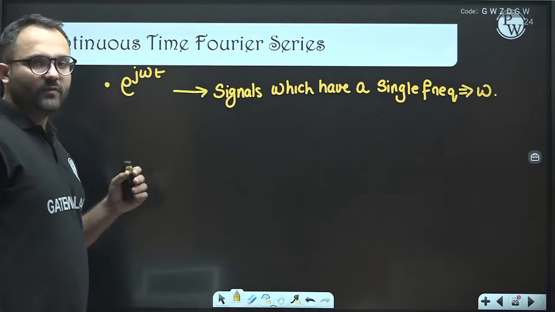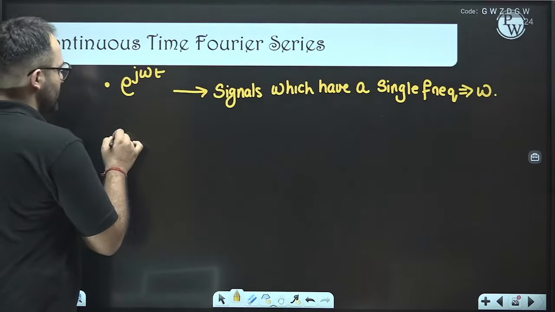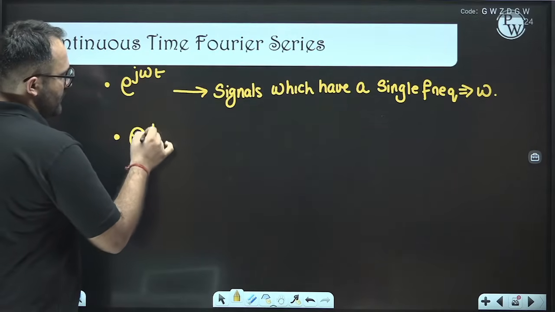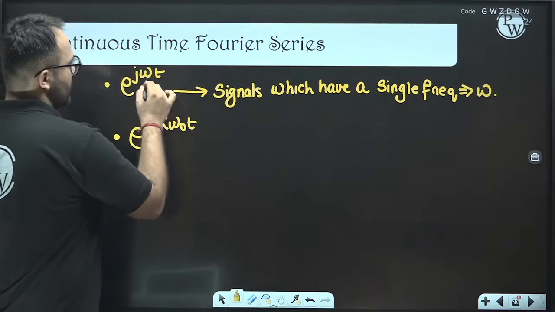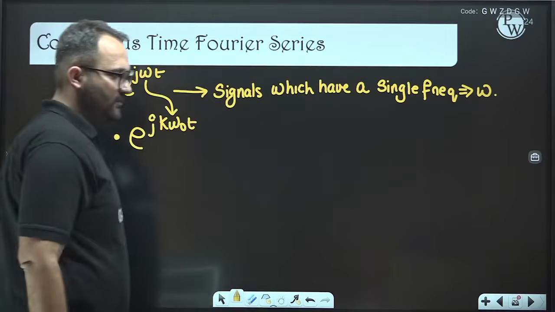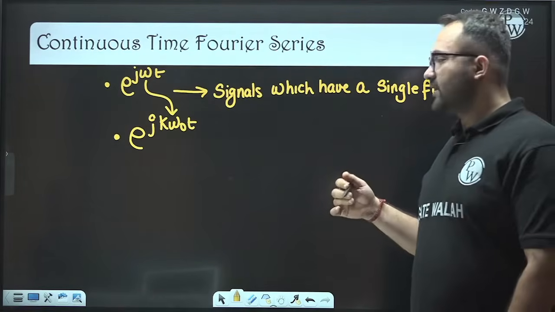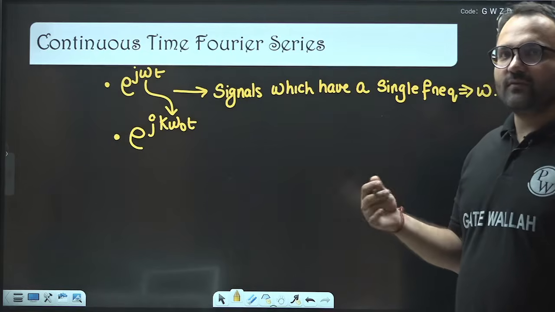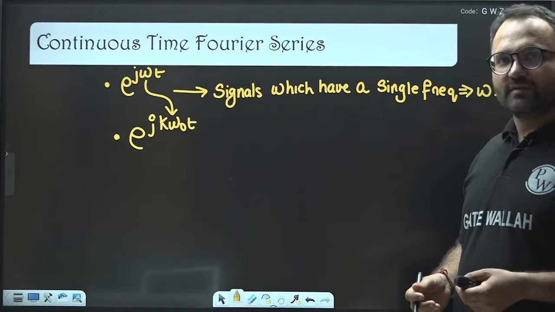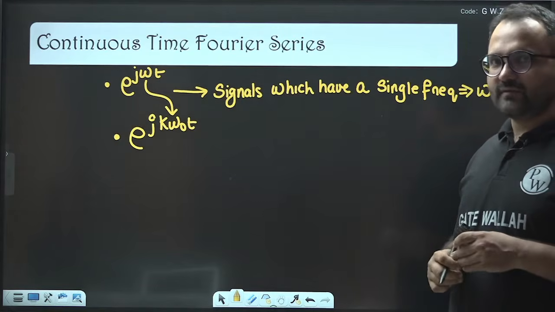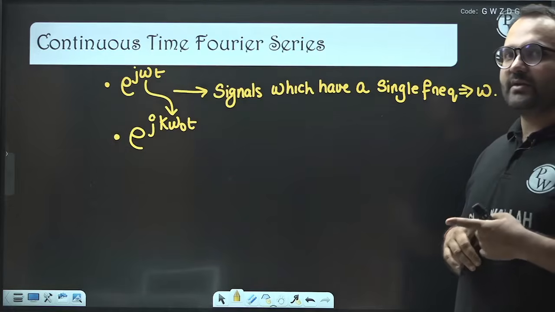So what is the meaning of harmonically related? If in place of omega, we put k omega naught, then for k equal to 1, 2, 3, 4 and different values, we will get complex exponentials of frequency omega naught, 2 omega naught, 3 omega naught and so on.